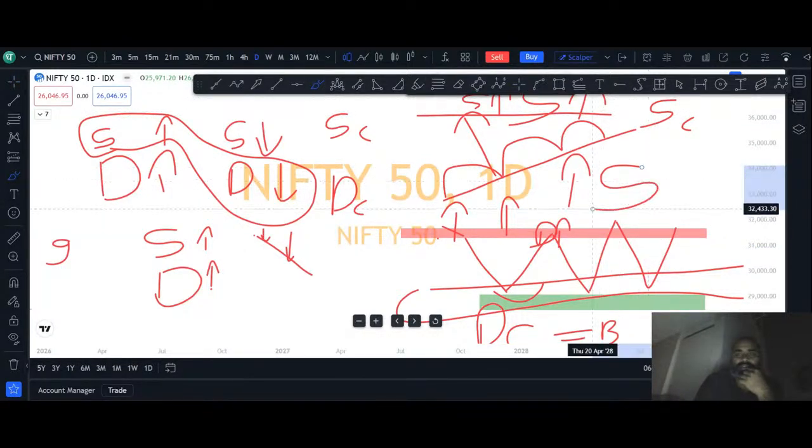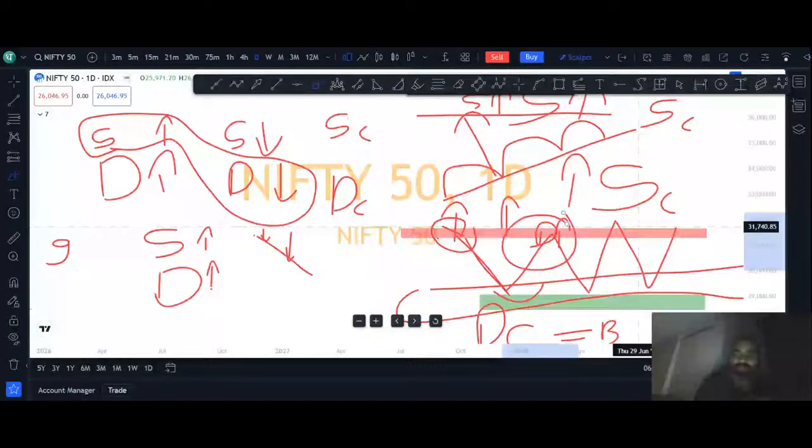At this place, if supply is constant it means there is an equal top. If demand is constant, equal bottom. If supply is constant, equal top. Whenever price comes to this level, selling. Whenever price comes to this level, selling.